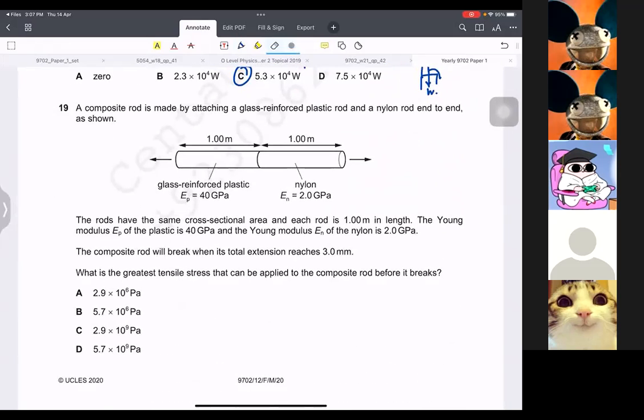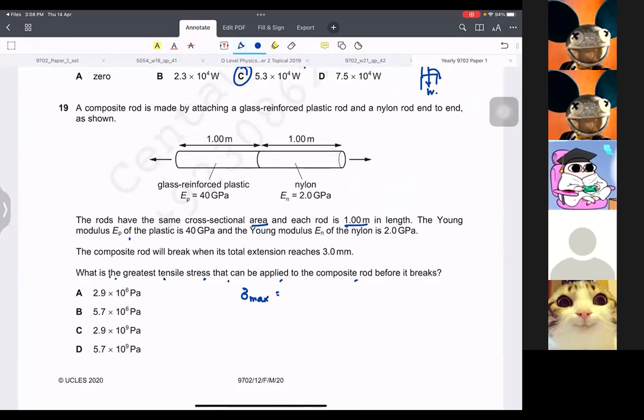All right, now. The rods have the same cross-sectional area. Each rod has one length and Young modulus. What is the greatest tensile strength that can be applied to the composite before it breaks? Okay, fine. Now, suppose we want to find the maximum stress.